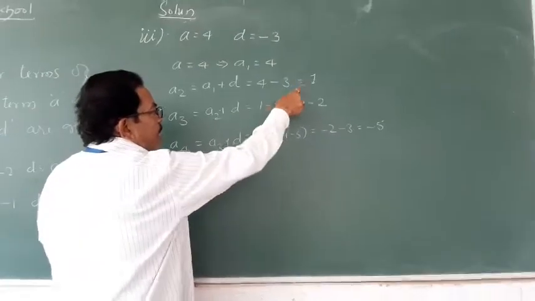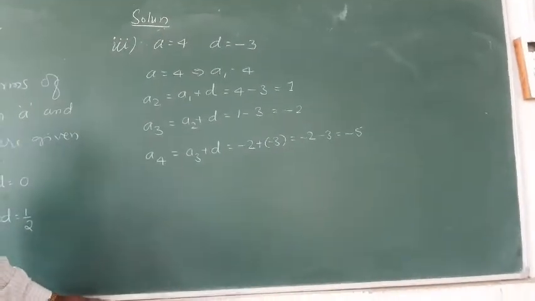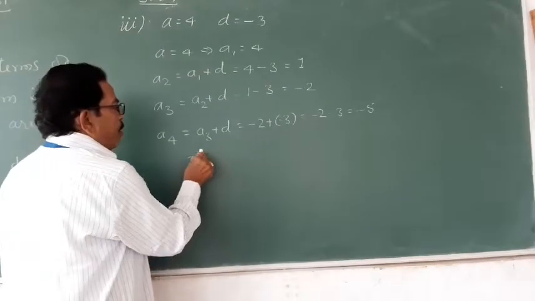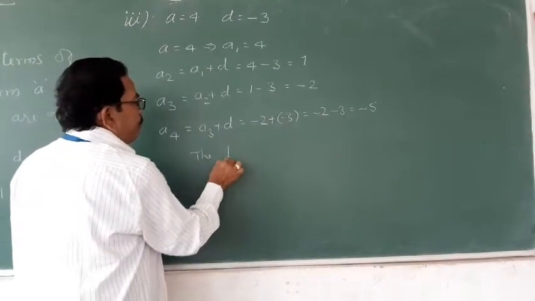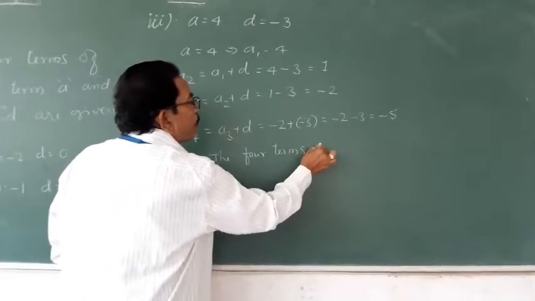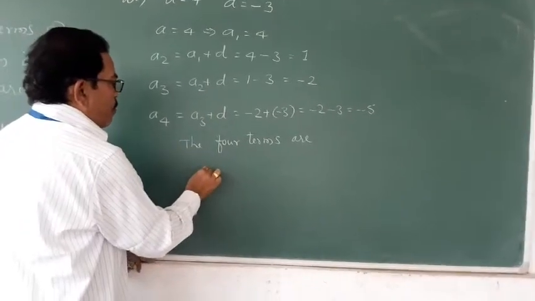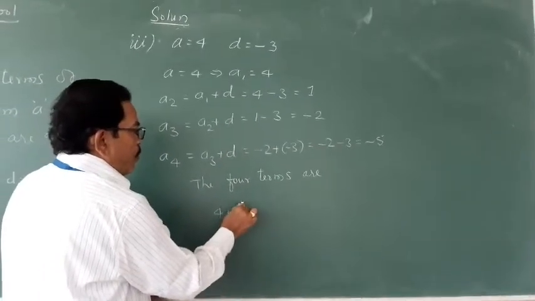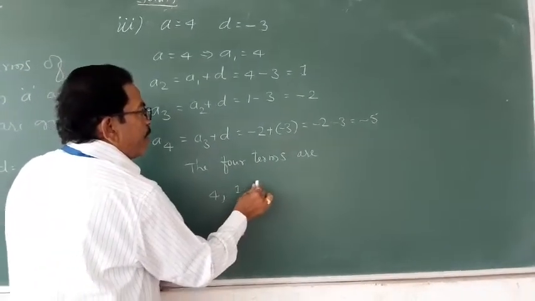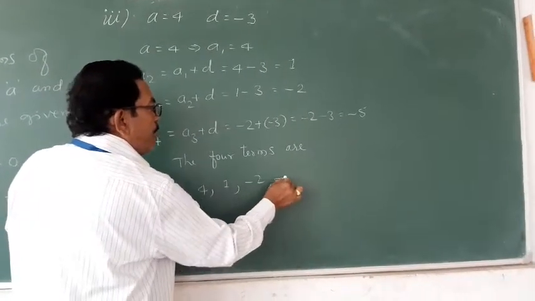Similar answer we will get: 1, minus 2, minus 5. See, the four terms are 4, 1, then minus 2, then minus 5.